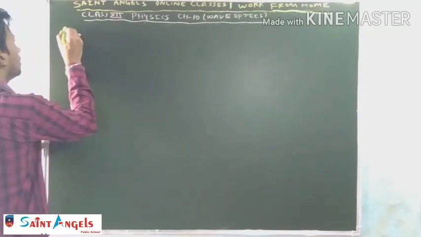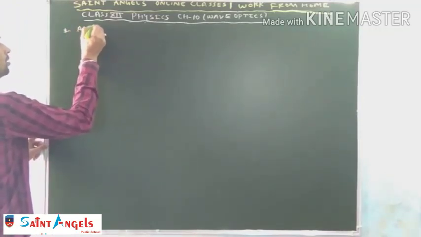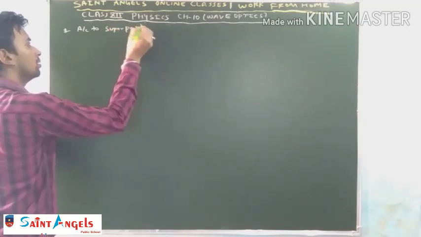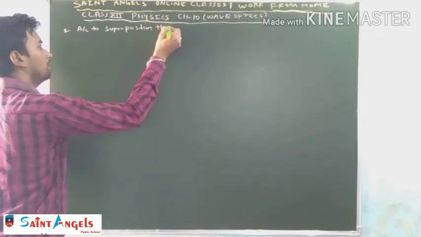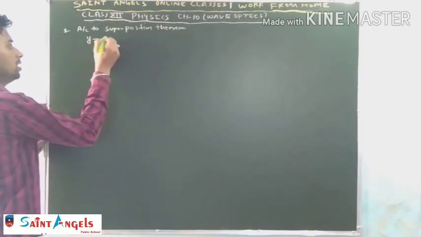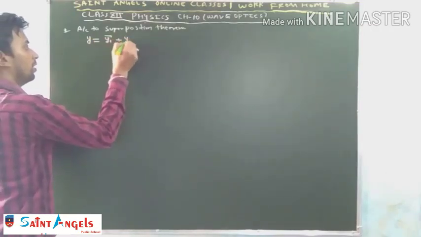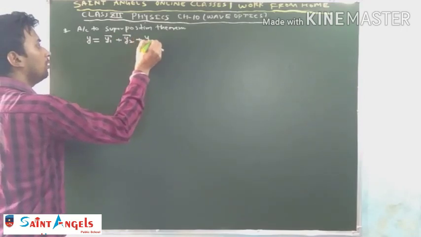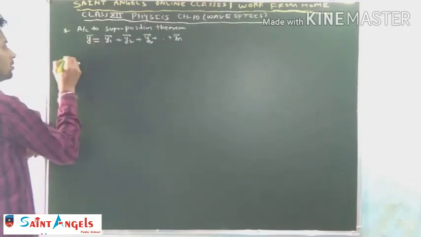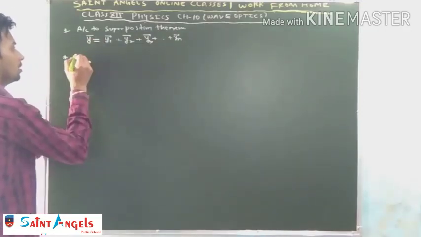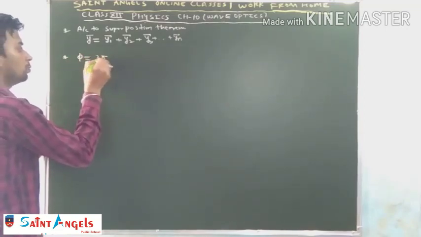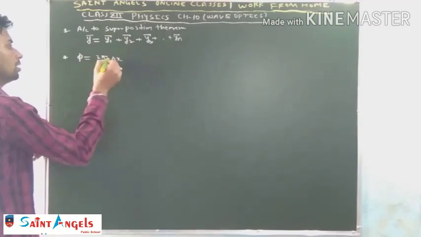So firstly, according to the superposition theorem, resulting displacement is equal to the vector sum of individual displacements. Then the relationship between phase difference and path difference: phi equals 2 pi upon lambda into path difference.